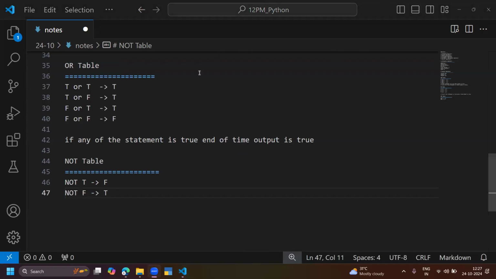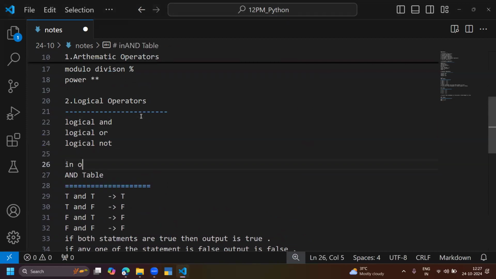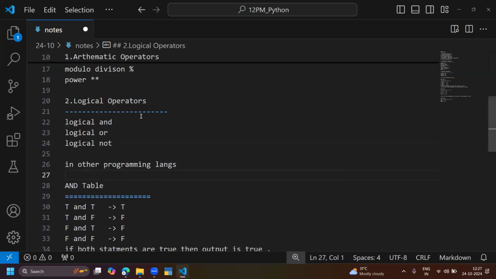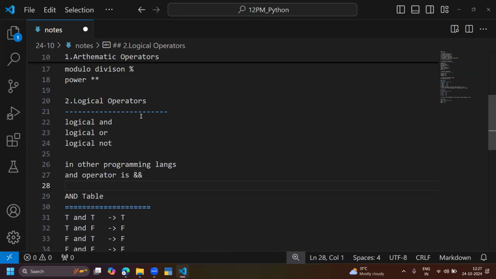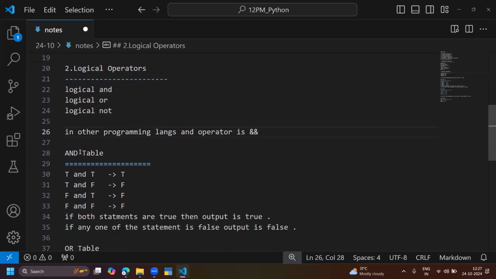Exactly. So let me see programmatically how these logical operators work, comparing with other programming languages. In other programming languages, the AND operator is written in a different way.